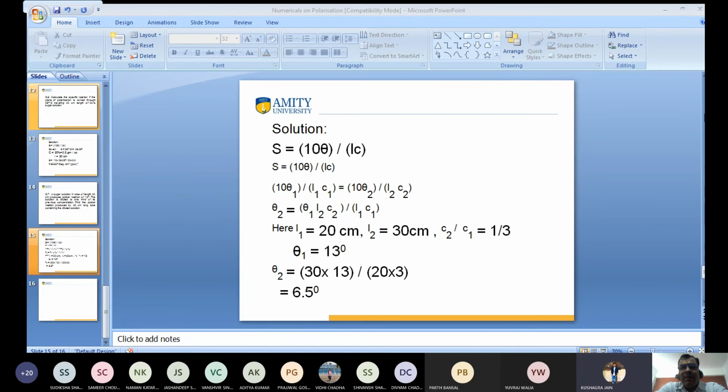There are many numericals given in your books. Try to solve the questions. Do you get my point, Kushal? Yes, sir. So you focus first when I take the class, and you should be sincere. Write down the question, so I give you time to solve the question and tell me the answer.